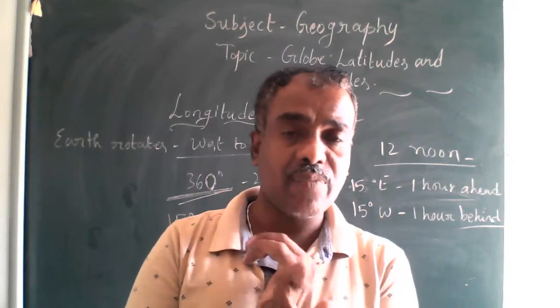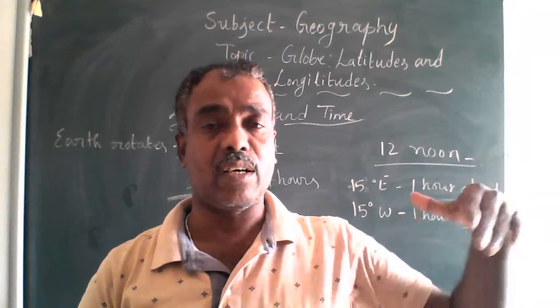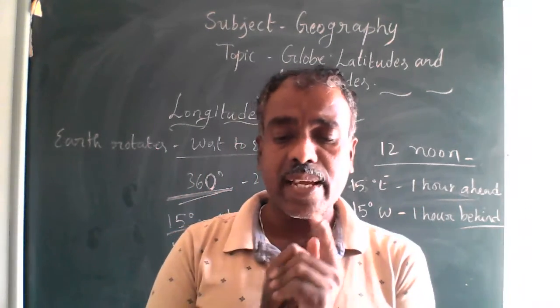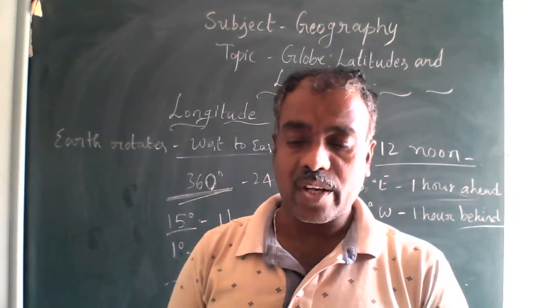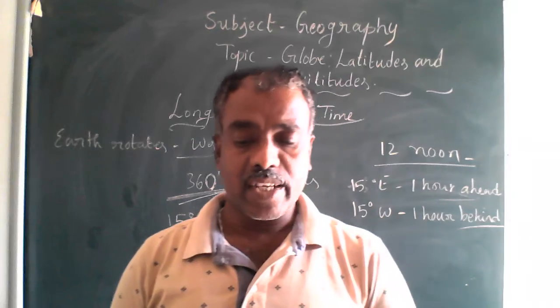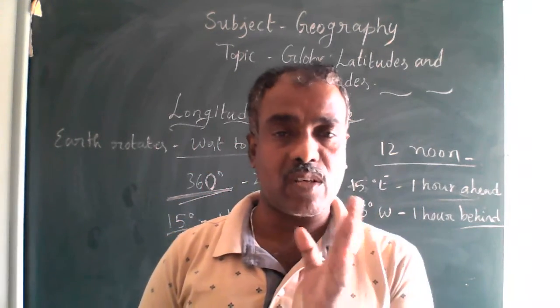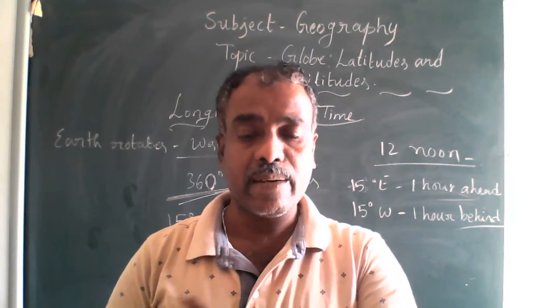Based on that only we fixed the time, and whether you are in Gujarat or in Assam, the same time is applicable for the whole country. Are you getting now? So that is called Indian Standard Time, in short form IST.